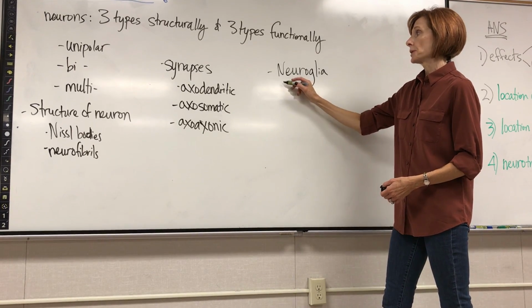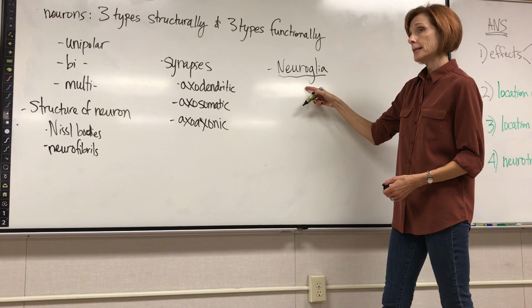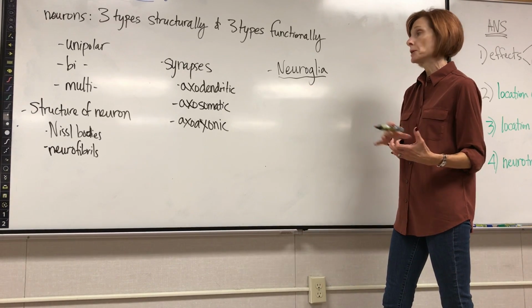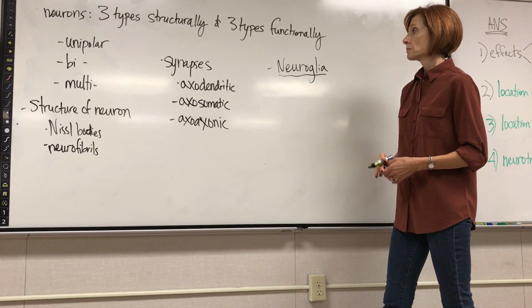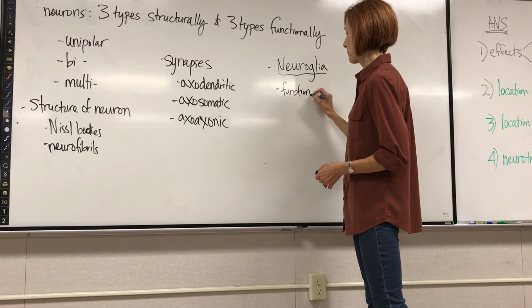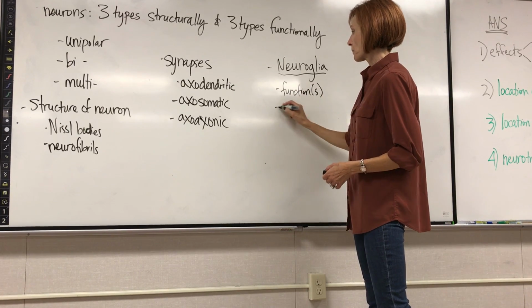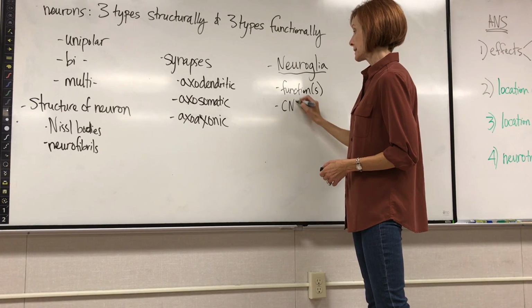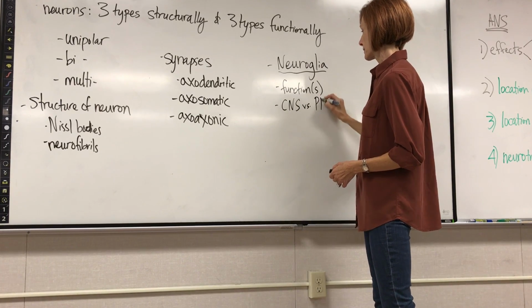Okay, same thing with the neuroglial cells. Be able to identify these in the diagrams that show them in chapter 14. Okay, and you should know what their functions are for the written exam. And also if they're in the CNS or PNS.